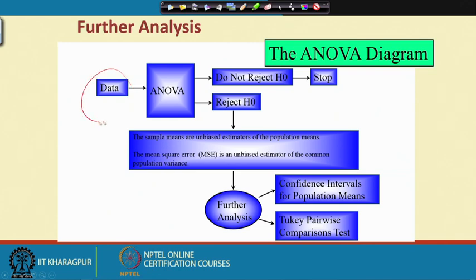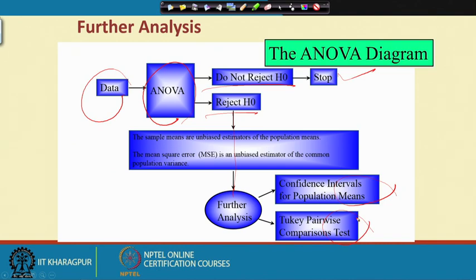Having the sample information, we use ANOVA, and then either you reject H0 or do not reject H0. Do not reject H0 means you have to stop; the problem may come to an end there. But if you reject the null hypothesis, then a further issue starts: you create a confidence interval for these population means, and then we check the pairwise mean comparisons.